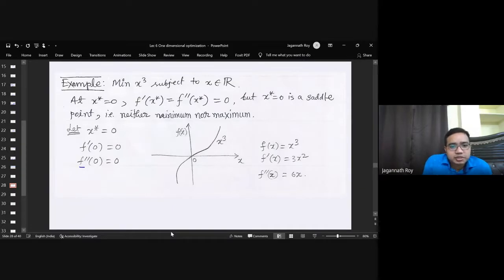If you think about the second order derivative, this is 6x, and f of 0 equals 0. But this is neither a minimum nor a maximum. So this is a saddle point. So these are not sufficient conditions. These are only necessary conditions.